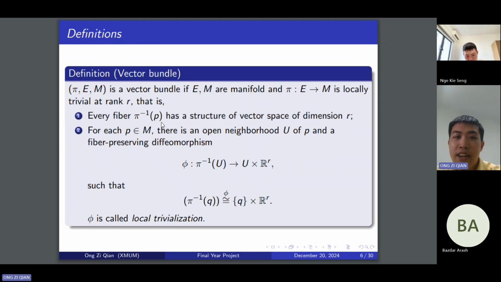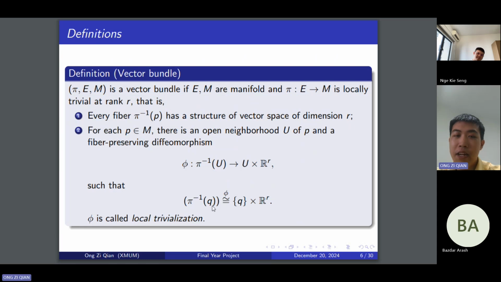For every point P in M, the pre-image of P has the structure of a vector space, so it satisfies the ten axioms of a vector space.